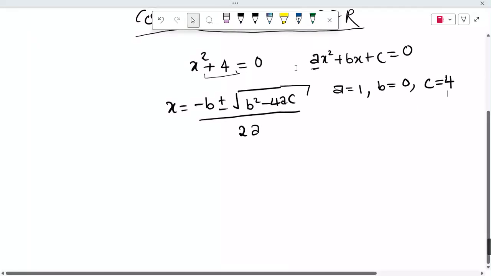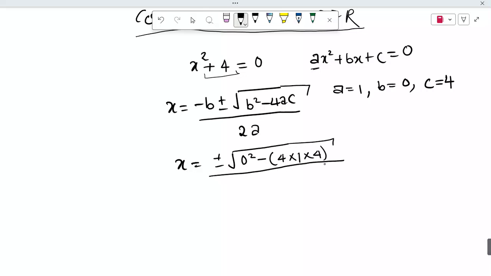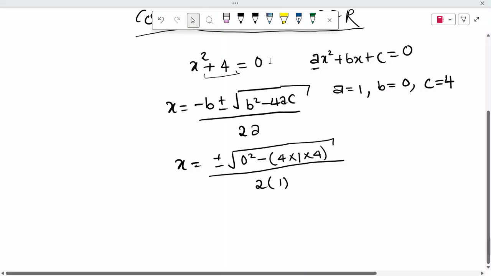Now if we put these values in our equation, we have x equals -0, no need of writing -0, it will be just 0, plus or minus the square root of b squared, b is 0, minus 4 multiplied by a, which is 1, multiplied by c, which is 4, over 2 times a, which is 1.